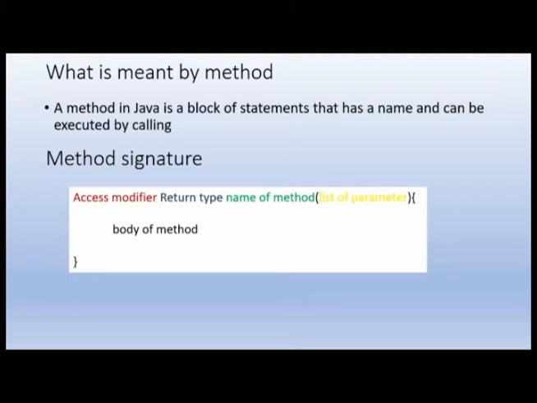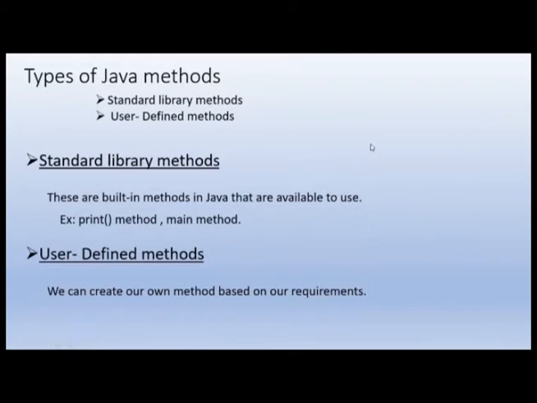We can provide several arguments to the method, and inside the curly brackets there is the body of the method. We can write the instructions we want. I think you can get the basic idea about the method signature.